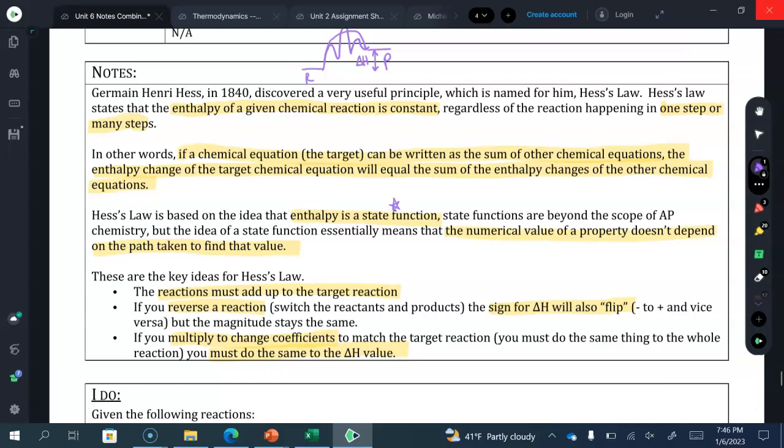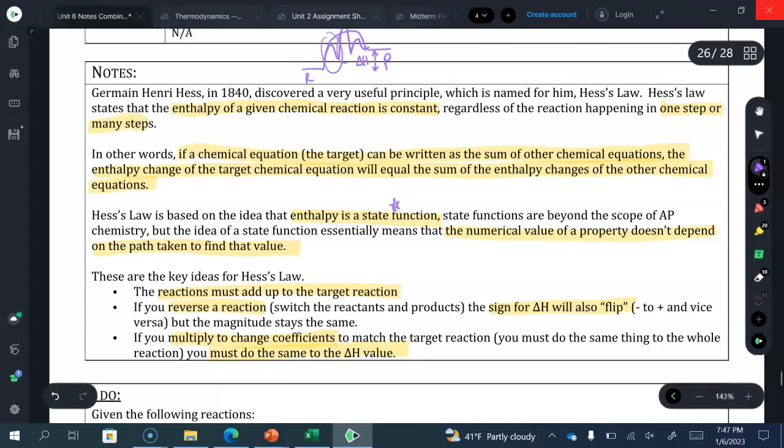So in other words, if a chemical reaction, the target, can be written as the sum of other chemical equations, the enthalpy change of the target chemical equation will be equal to the sum of the enthalpy changes of the other chemical equations. So if we know reactions for different steps in between, or some that could be considered steps, even if they really aren't, and we know those energy values, we can add them together to get this new reaction.